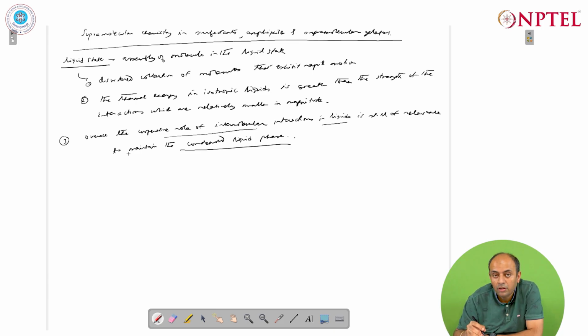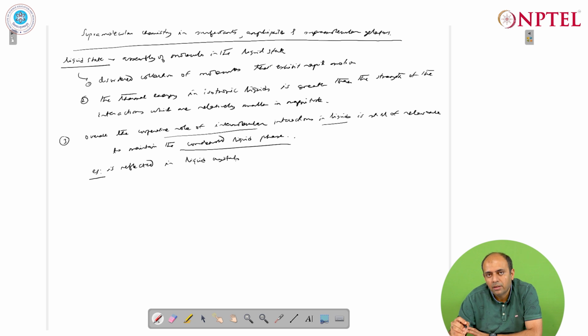And one such additional significance of the liquid phase is reflected in liquid crystals, which exhibit a certain degree of order in the arrangement of molecules in the bulk phase. That means they do not have the extreme random motion associated with pure liquids.